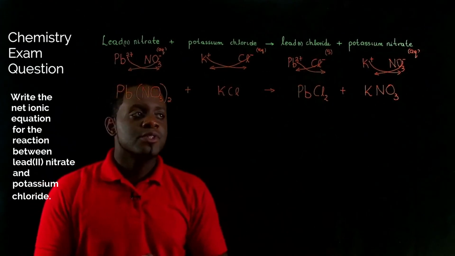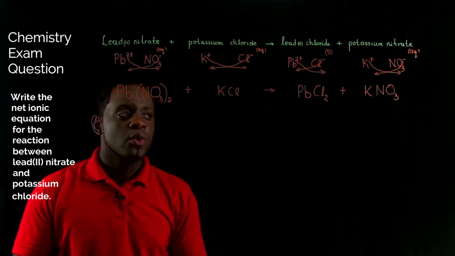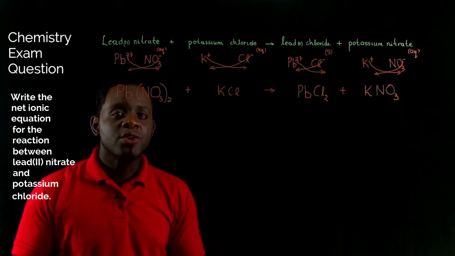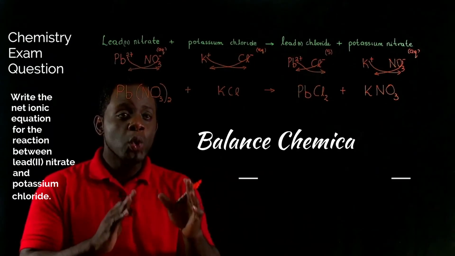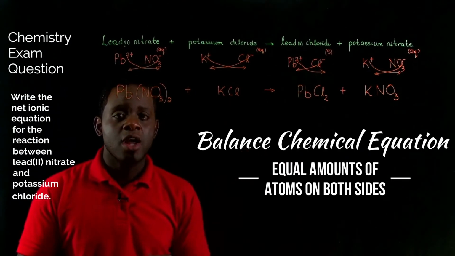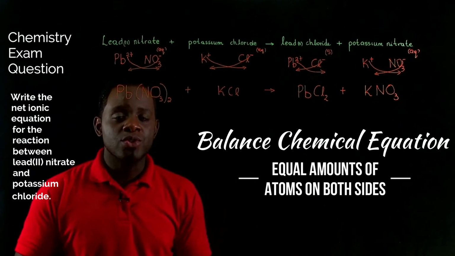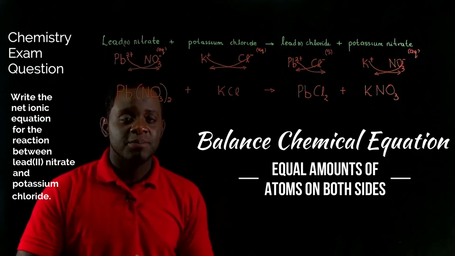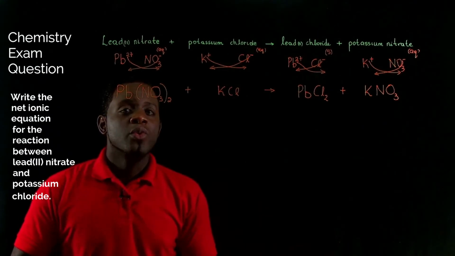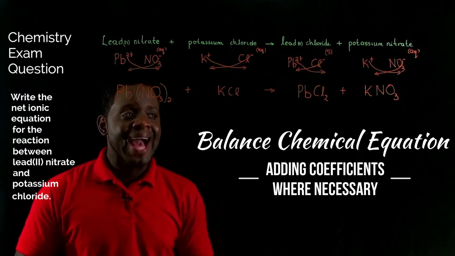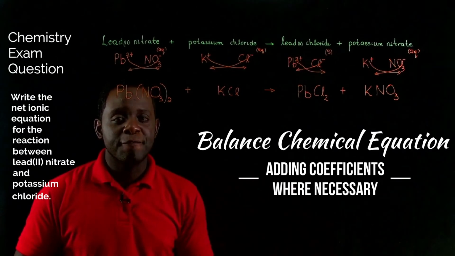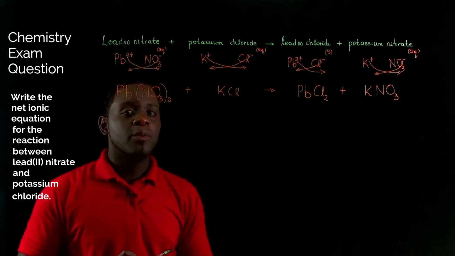It's now time for us to balance the chemical equation, which means we are to ensure that on both sides of the equation we have equal amounts of each atom. Now, we can only do so by adding coefficients if necessary. Let's start with lead.